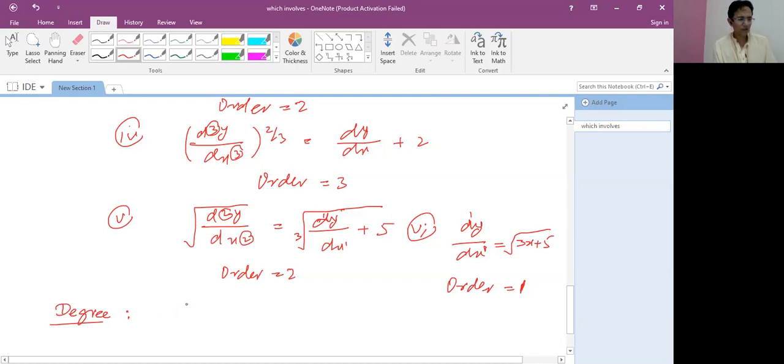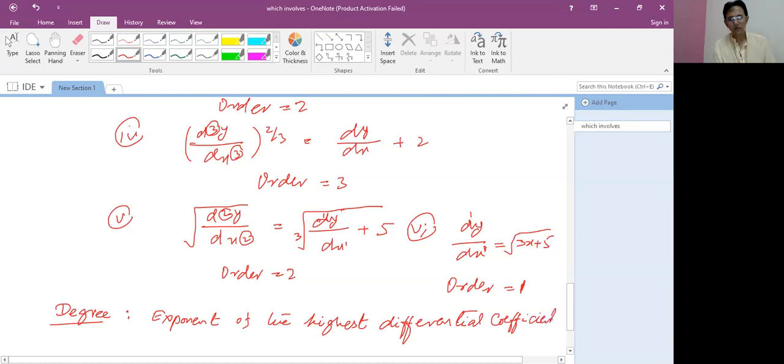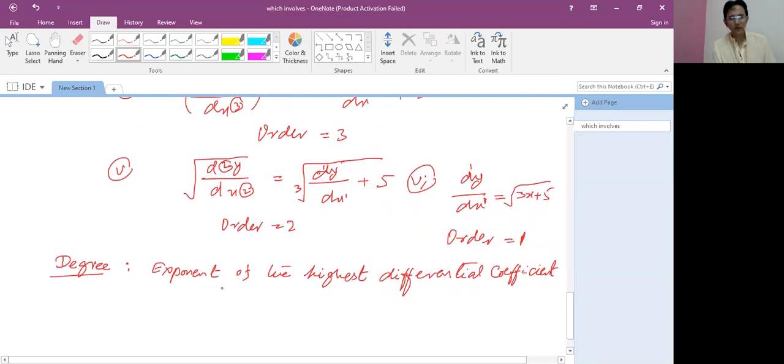A definition of the degree: the exponent of the highest differential coefficient, when the equation is a polynomial in all differential coefficients.